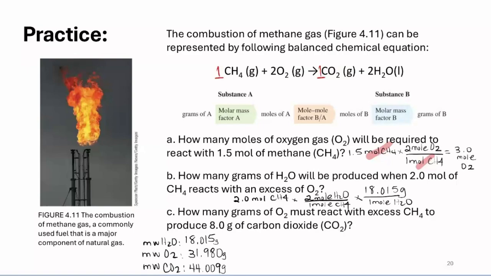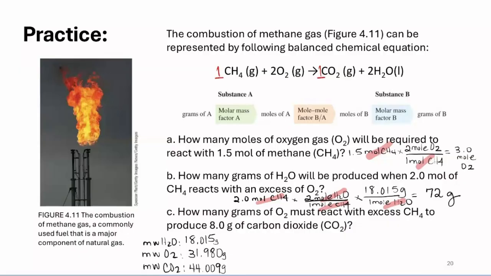When it comes to my units, moles of CH4 cancel with moles of CH4, moles of water with moles of water. And in my calculator, what I have to do is multiply 2.0 times 2 times 18.015. I need to round this to 2 sig figs because that's the number of sig figs that we started with. So the final answer is 72 grams.